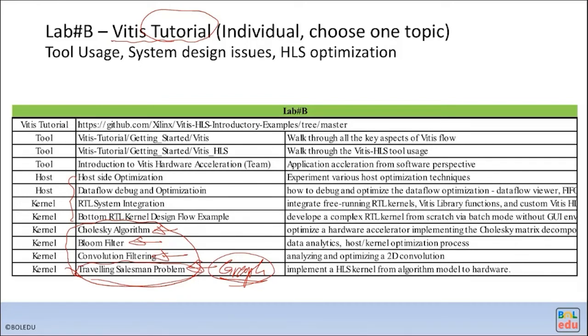So I want to average it out. Maybe you may not be able to choose the topic you like, because other people already chose it and you don't have a slot. But don't worry, you can learn all of the topics from other students' presentations.